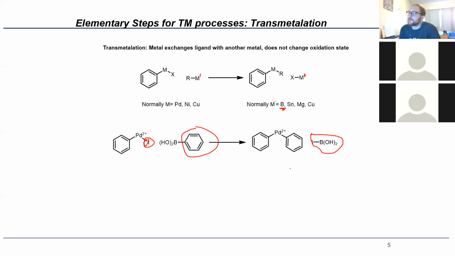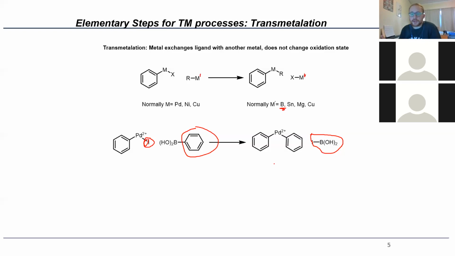Pretty fairly straightforward. The exact mechanism depends on the metal and depends on a lot of conditions. We're not going to discuss it in detail. I think that's true actually for oxidative addition as well. These elementary steps are less definitive mechanisms than they are processes.